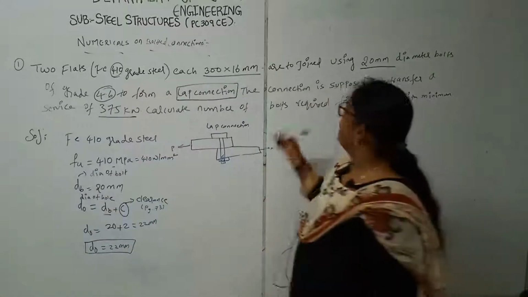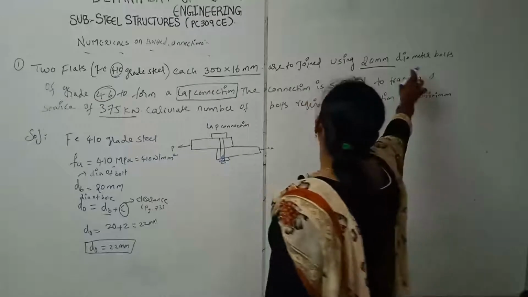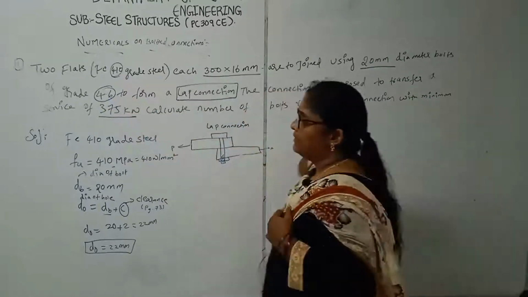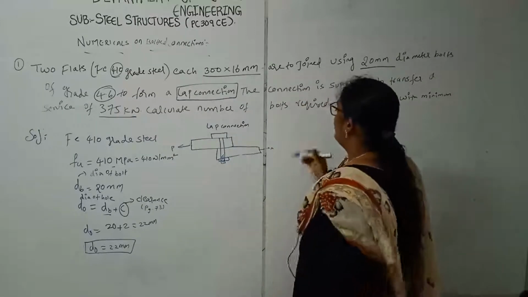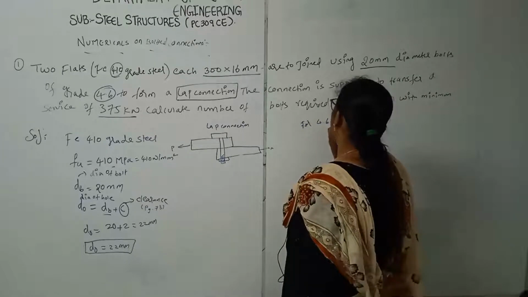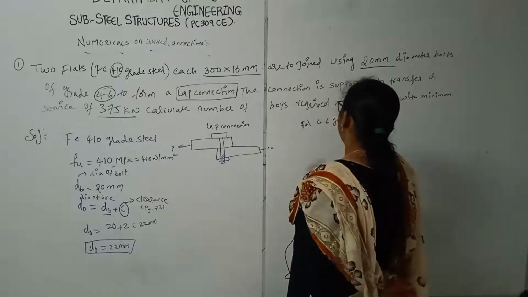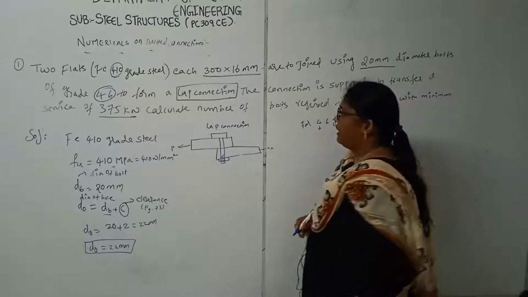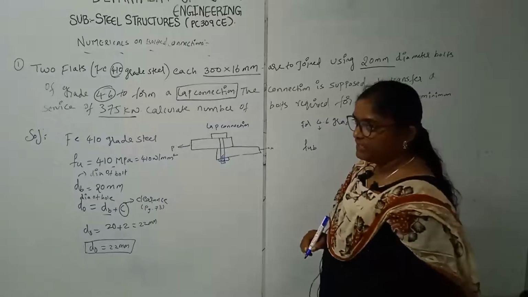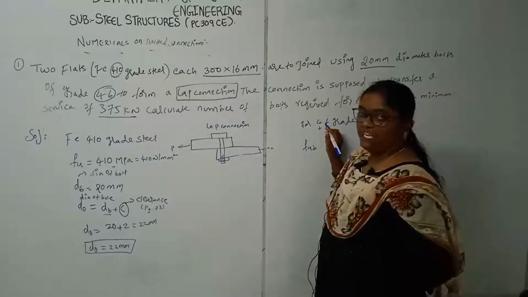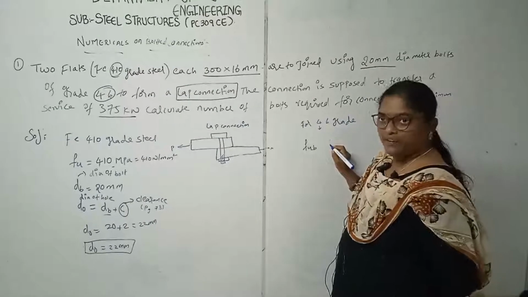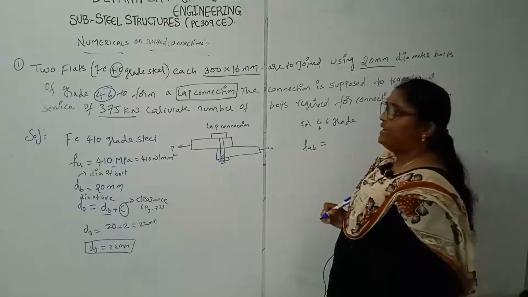So now we will come to the bolts of grade 4.6. I have already told you, fub is your ultimate tensile strength, multiplied by 1 by 100th part.